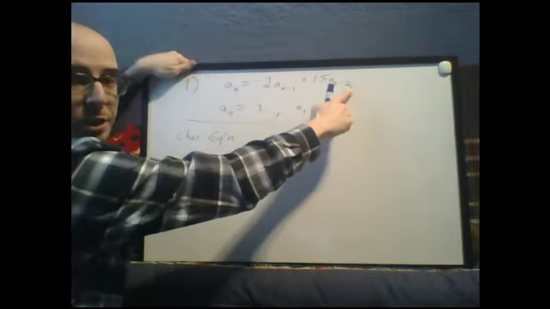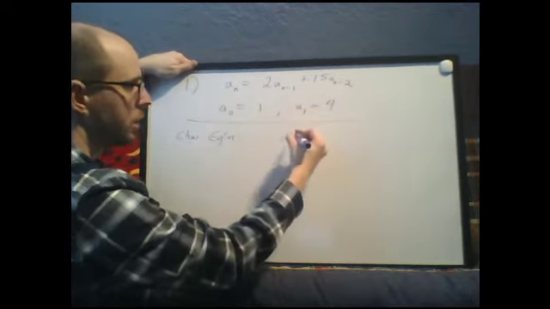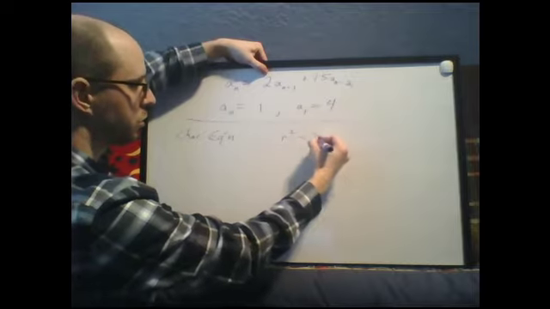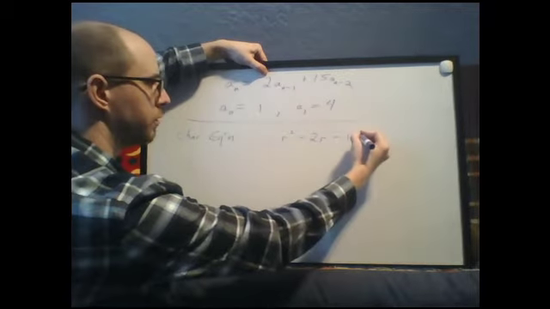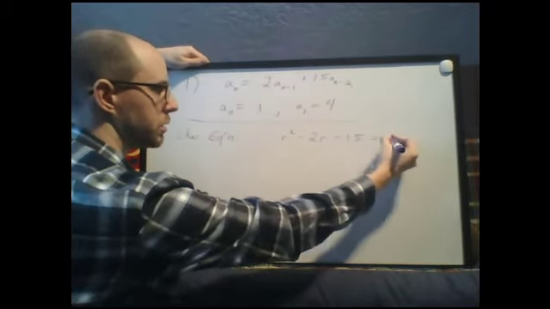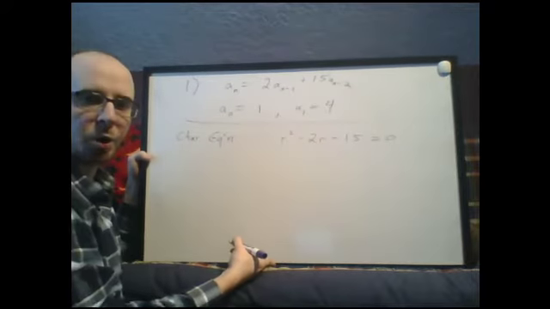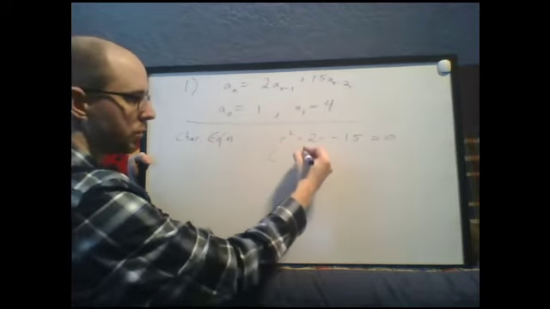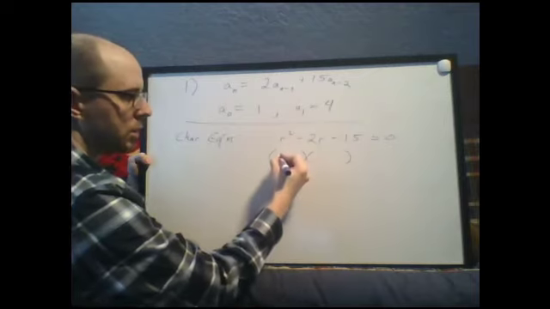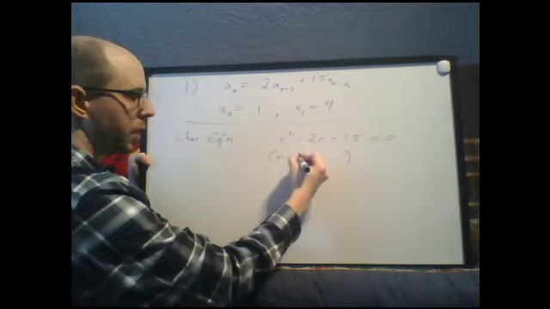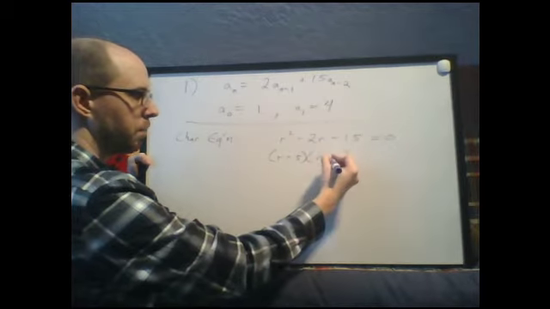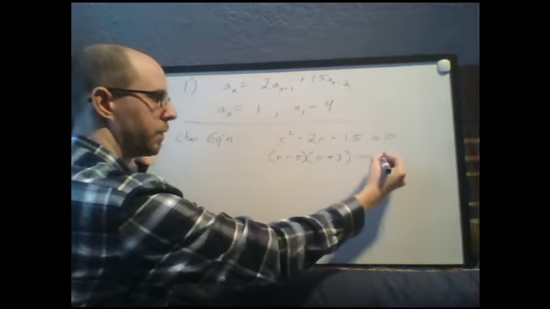It's going to be degree 2, so we'll have r squared minus 2r minus 15 equals 0. Now we need to figure out what the roots of that equation are. So let's factor. That is (r minus 5)(r plus 3) equals 0.